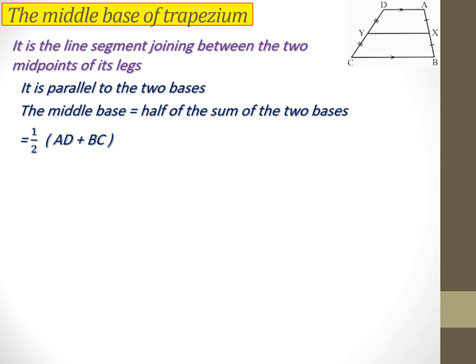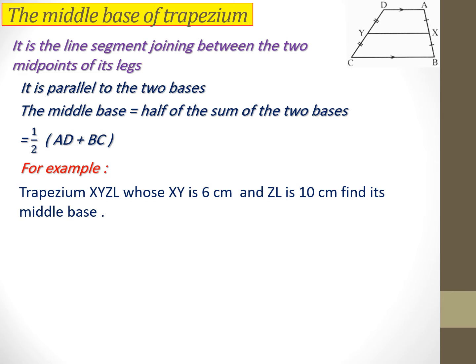Again, the middle base equals half times AD plus BC, where AD is the length of the side AD, and CB is the length of the side BC. Then the middle base equals half of the sum of the two bases.